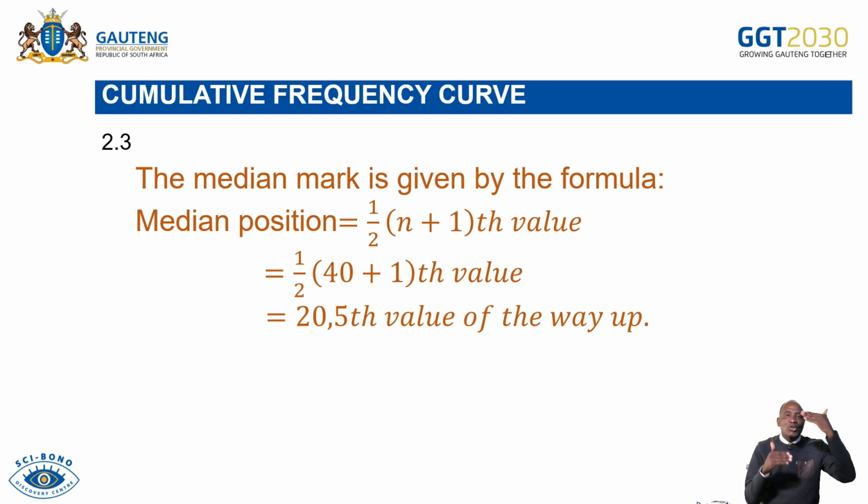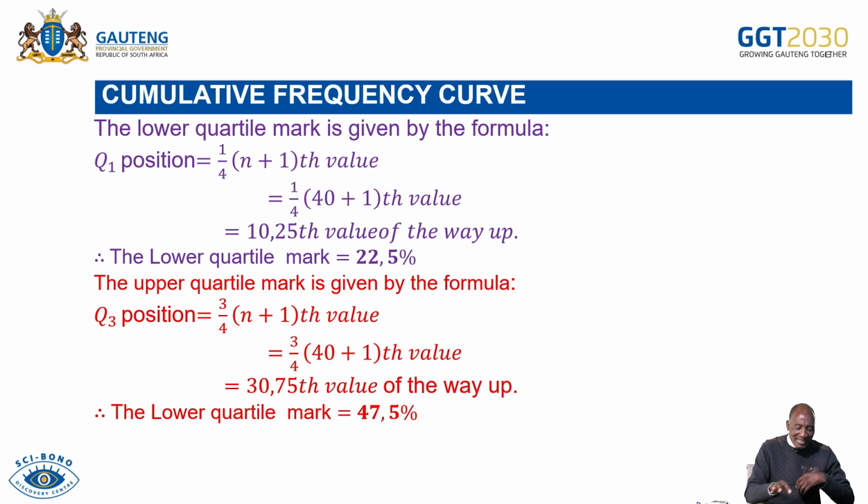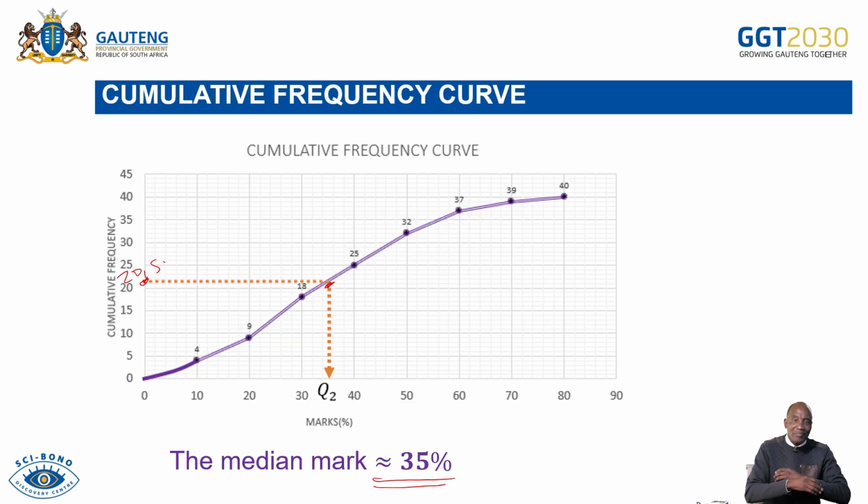Upper quartile, total plus 1 divided by 4 multiplied by 3, because it's 3 quarters. That's how you identify positions. If they say 70th percentile, which means 70% of the way up, 70% of 41, then get the position, go to your graph and mark that position and read the answer, because this graph allows you to read the answer.